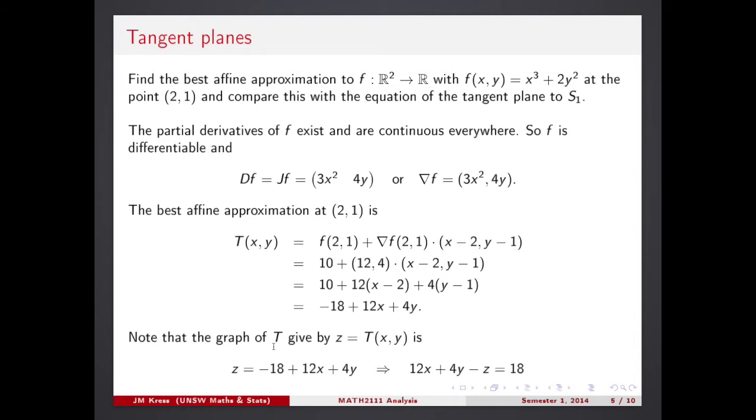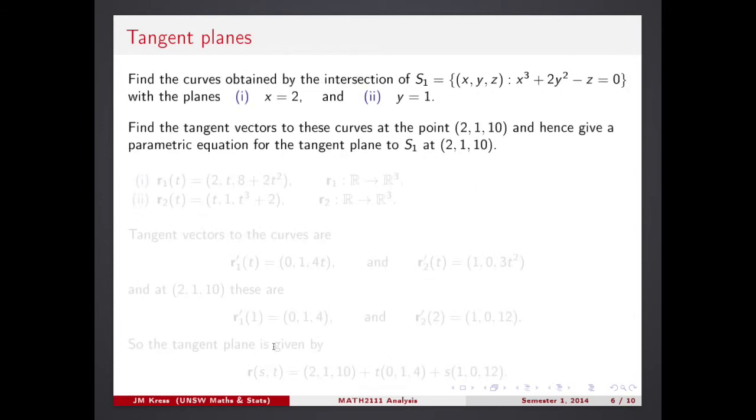Right. Another example. It's the same surface, by the way, just a development of the same example. Look at this, the same level surface, or the same graph, right in here. Now the slide suggests we make two vertical cuts, one with the plane x equal 2, this way, and then with the plane y equal 1, this way.